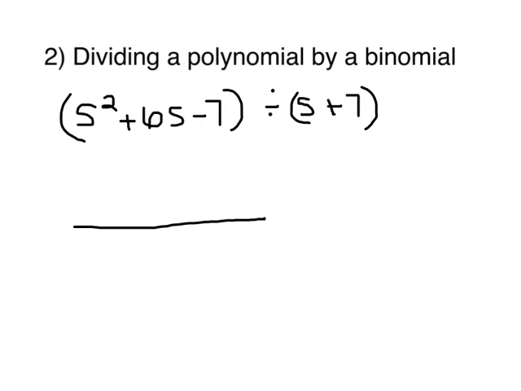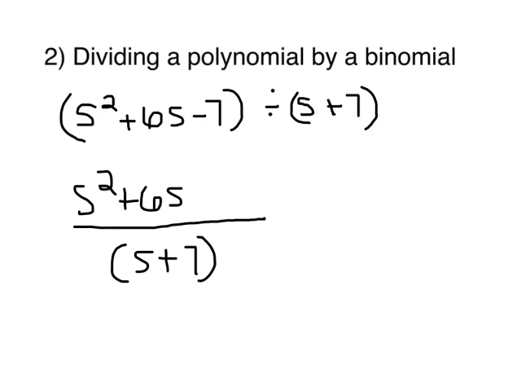In example 2, we'll be dividing s squared plus 6s minus 7 by s plus 7. So we can first start by setting this up as a fraction. Now, if you notice, s squared plus 6s minus 7 can be factored into s plus 7 times s minus 1.